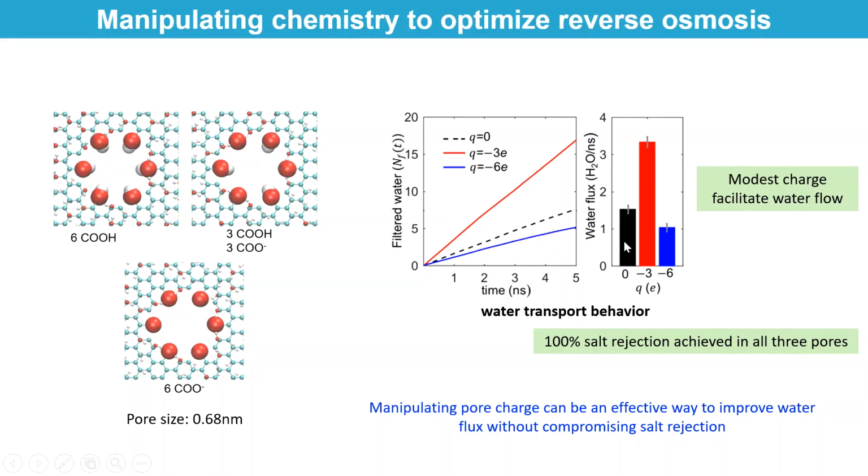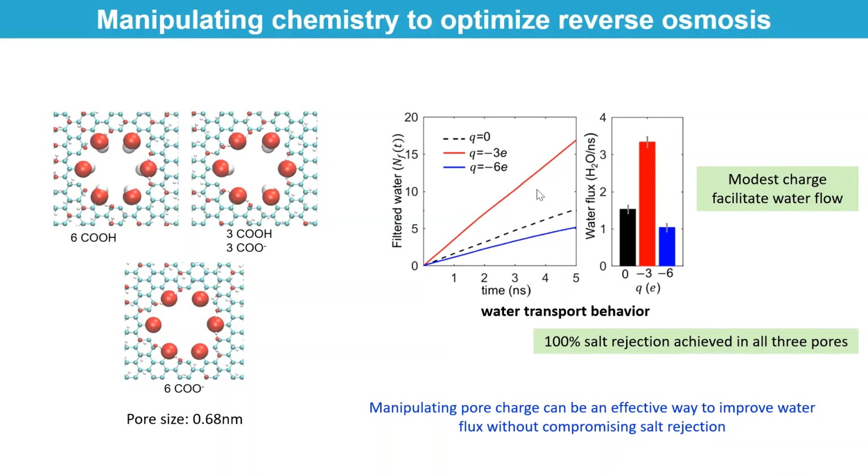From this, we can calculate the water flux. We found that having a pore that carries 3 electrons offers a flux that is nearly 3 times as big as what you have for the neutral situation. Importantly, for all these 3 cases, the sodium and chloride ions cannot pass through this pore. In other words, we have 100% salt rejection.